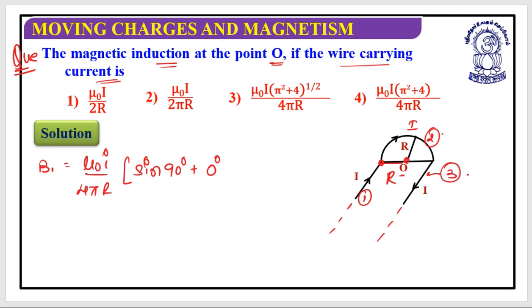It's sine of 90 degree plus sine of 0 degree. So this would be 0, and this is mu naught I by 4 pi r. I hope this is clear.